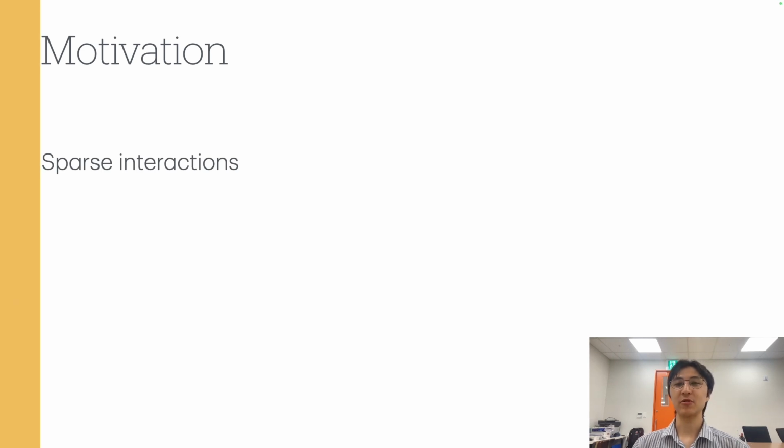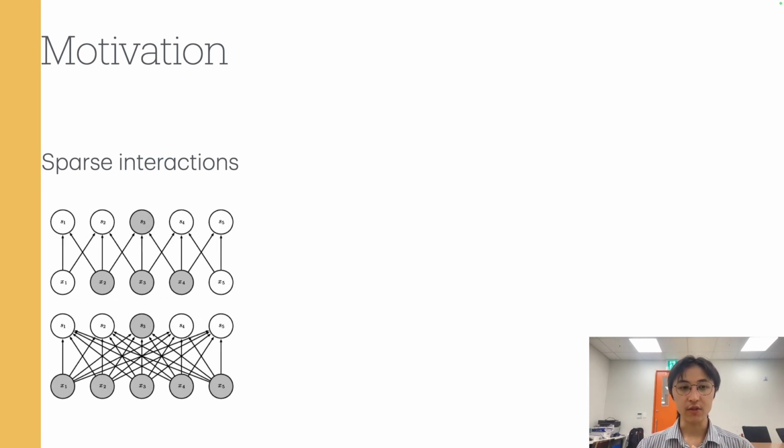Let's talk about the motivation behind these convolution networks. The first motivation is sparse interactions. If you look at this graph, in the top one, x2, x3 and x4 affect the creation of S3.